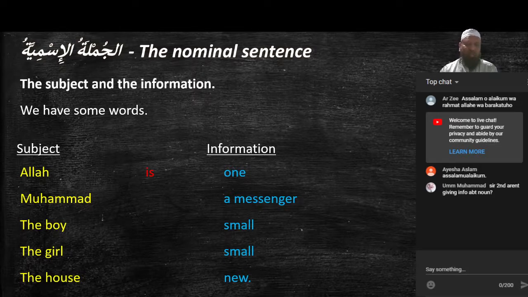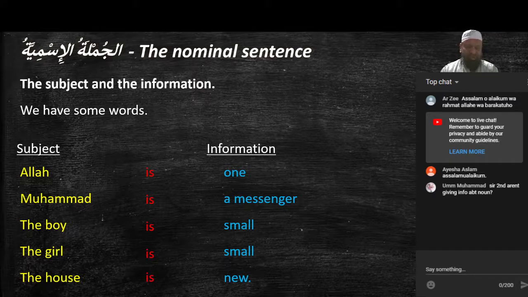Next one, Muhammad, a messenger. We need to link these two words together, and the linking word is "is." Muhammad is a messenger. Boy, linking word is "is." Now we get the full meaning. The boy is small. The girl is small.